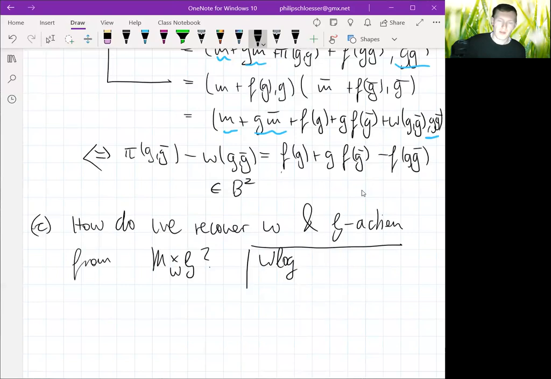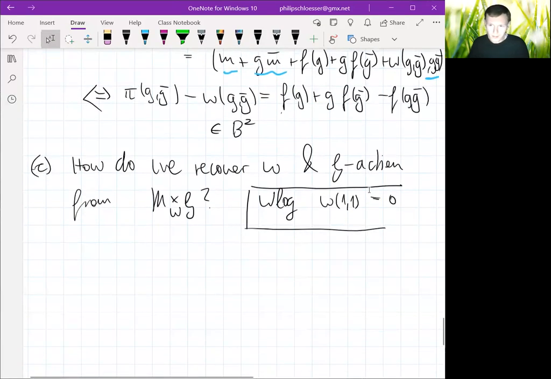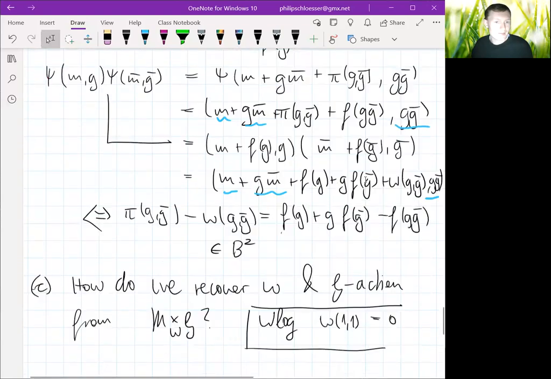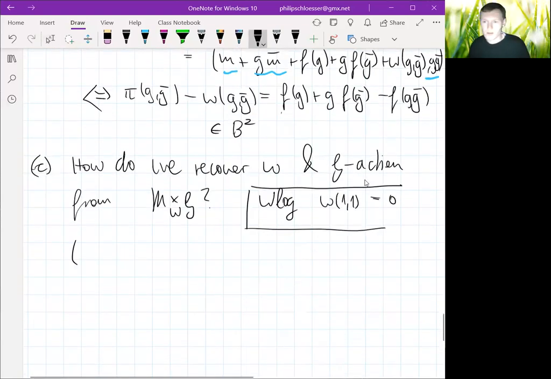So because of what we are quotienting by, we can anyway assume that omega 1,1 is equal to 0. And this is going to be very useful because it simplifies a lot of formulas. In particular, it simplifies the inversion formula.